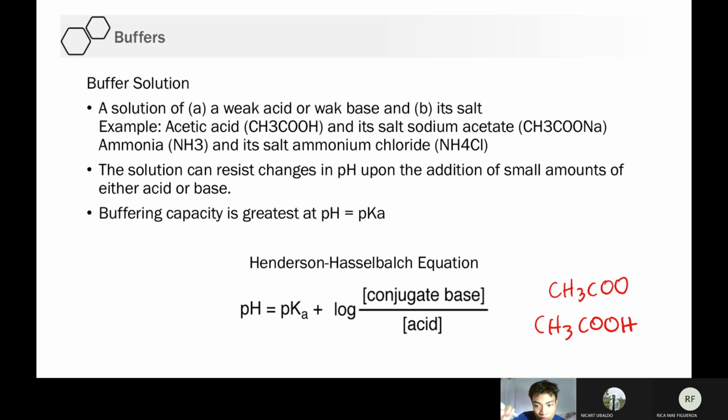Meaning nun kung saan mas fix yung pH niya. Okay? So this equation will tell us kung ano yung magiging resulting pH if we mix different concentrations of our acid and the conjugate base. Kapag pinaghalo mo yung dalawa, you will create a buffer solution. Okay? So, ganun.